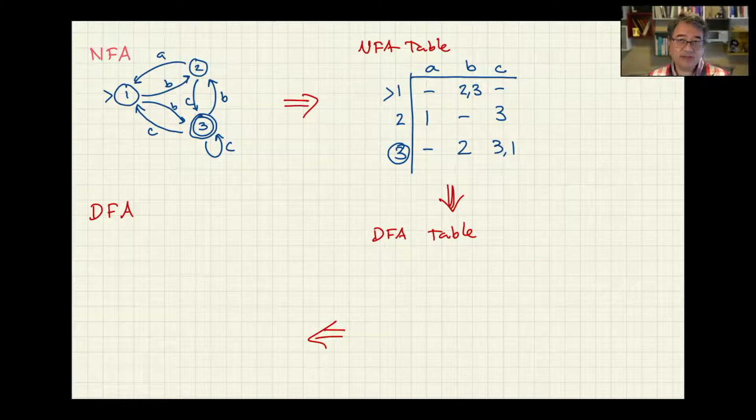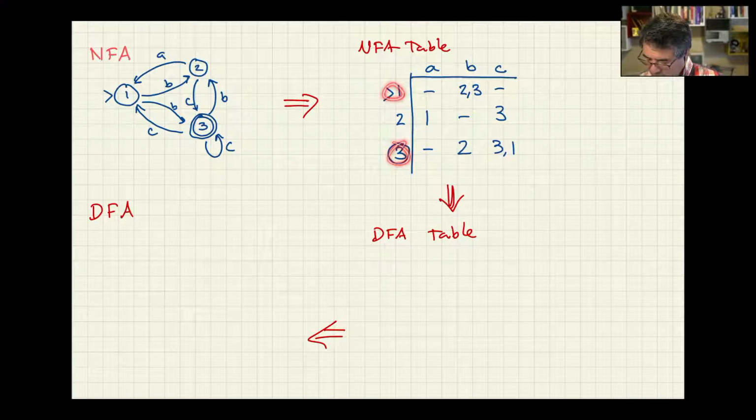So if I haven't made any mistakes, that should capture all of the information that's in the NFA, so that somebody who saw this table could take it and recreate the NFA from the information I've given here. It marks the start, it marks the accepting states, has all the symbols, and then all the transitions are in here.